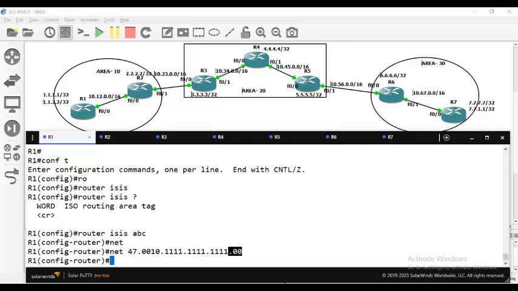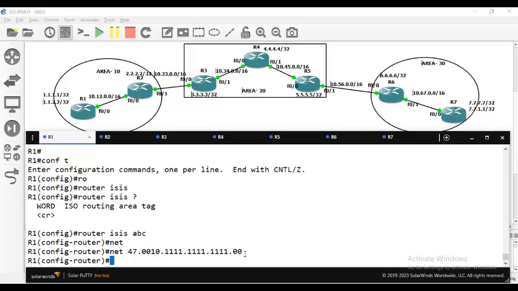See, this is area. This is system ID. This is N selector. For router 2, what I will do, only this portion I will put 2222. All the remaining will be same. See, for example, router ISIS. Even if you don't give a name, it is okay.